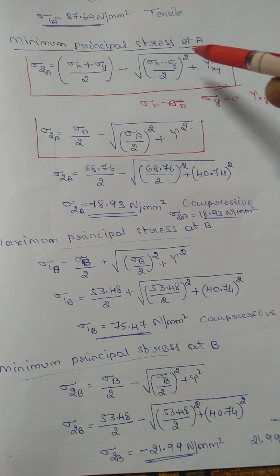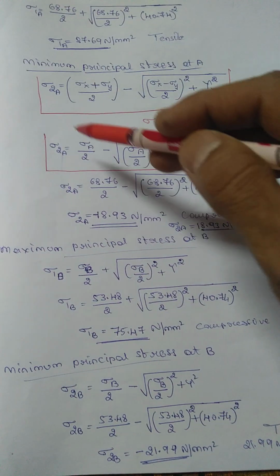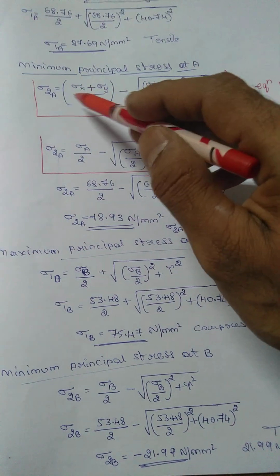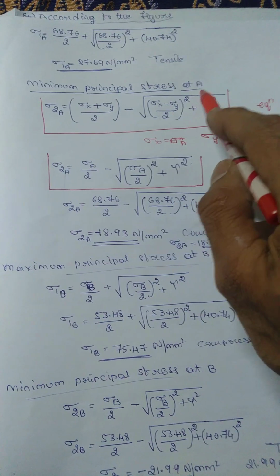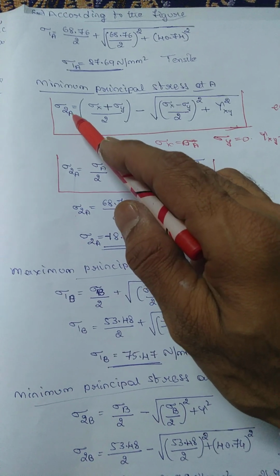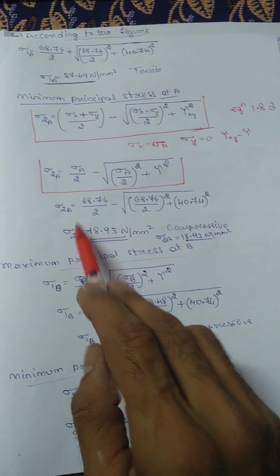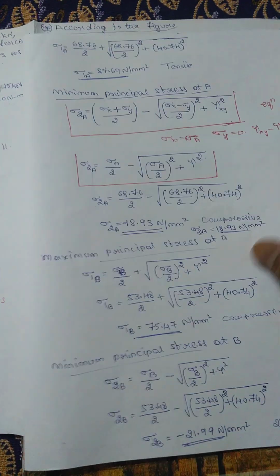So the minimum principal stress at A, that is equation 1.8d. Same corrections I have made. This is for point A, that's why in the equation the subscript is A. So substitute similarly, but here the sign is minus, earlier it was plus.